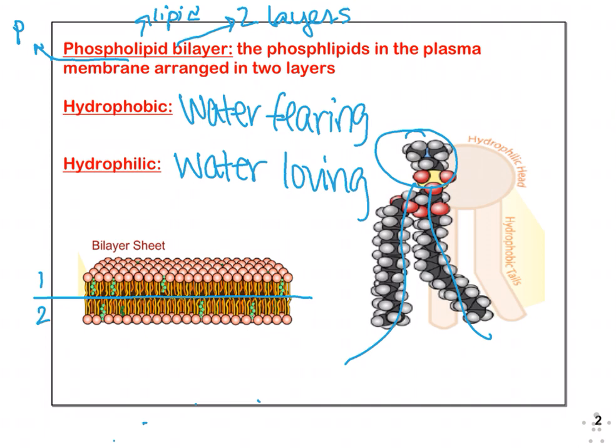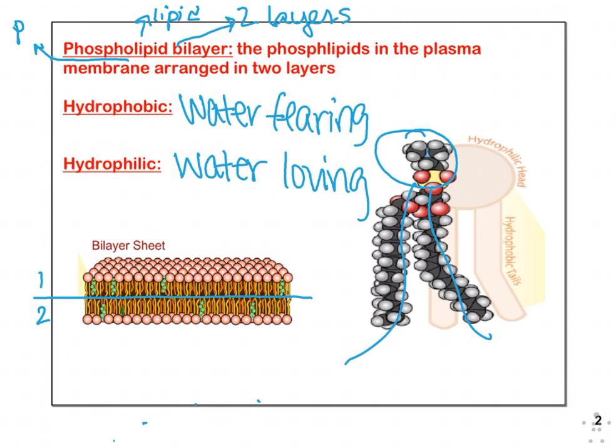So the tails, if you look on this blown up diagram, the tails would be hydrophobic. Notice with the orientation of these two layers, the tails go tail to tail, right? And that's to protect those tails from touching anything watery, because they don't like the water.